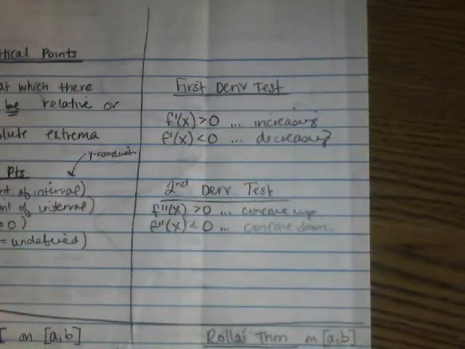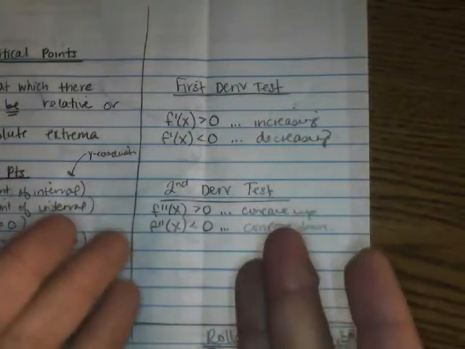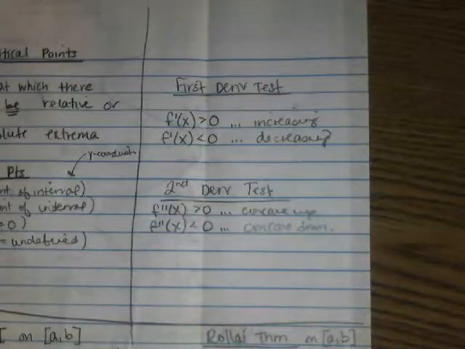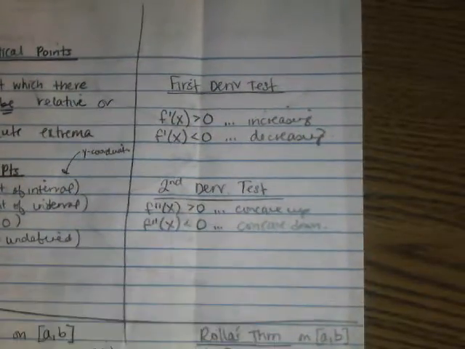And again, I like to put those side by side because both of them involve this number line and testing points. If you're testing points in the first derivative, you're testing for increasing and decreasing, and therefore relative maxes and mins. If you are plugging into the second derivative, you're testing for concave up and concave down, and therefore you're testing for points of concavity. Does that all make sense? Any questions on that?